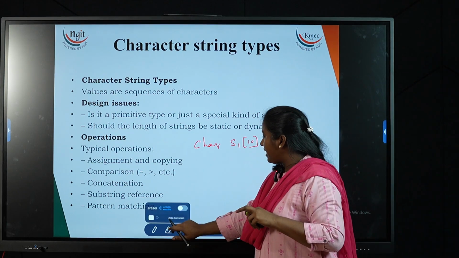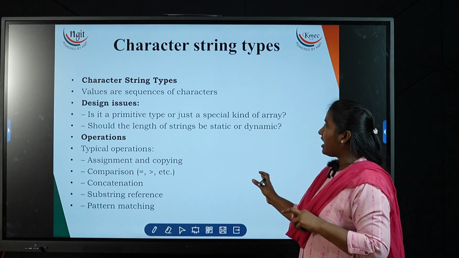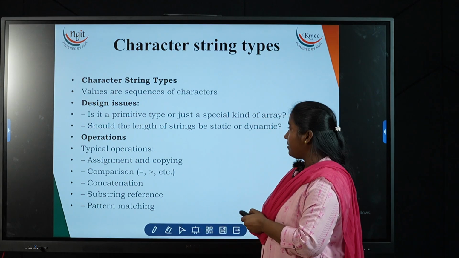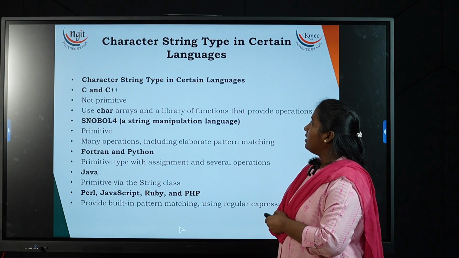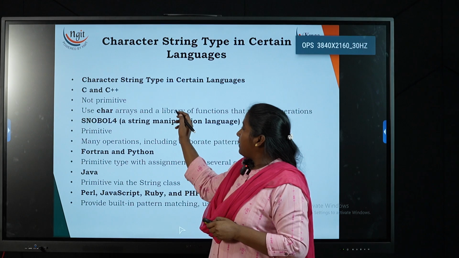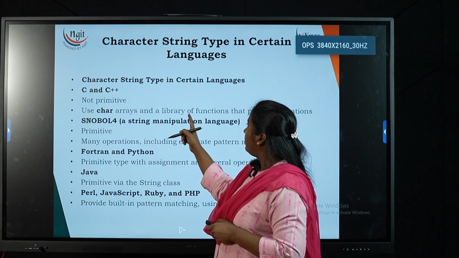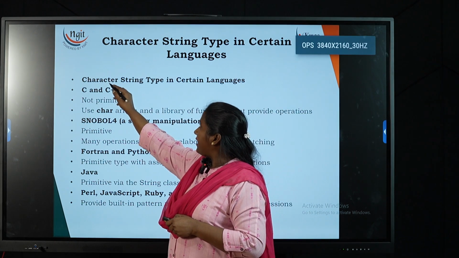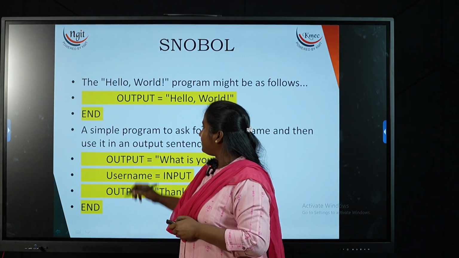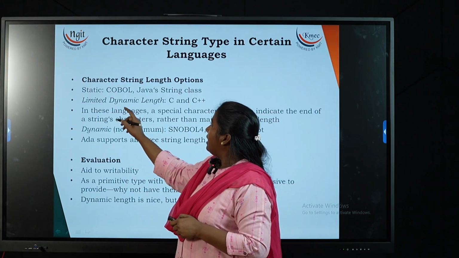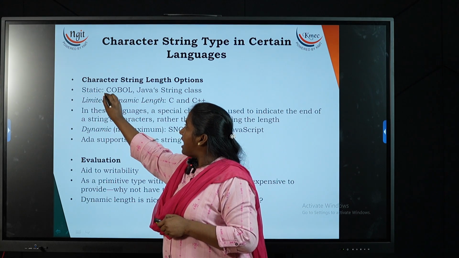And the programming languages which take all these three kinds of things are, now let's see. You can see here the languages which support character and string types. Now, static is what?